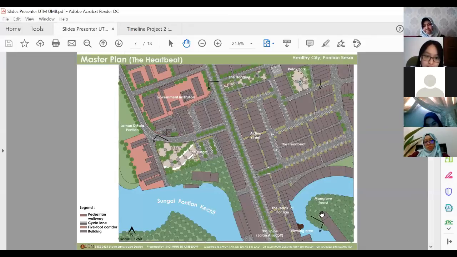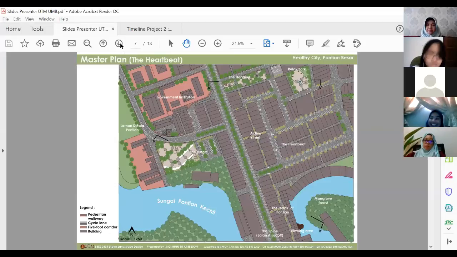There is also the active street, with passive activities for the community, to keep the street and alley alive.